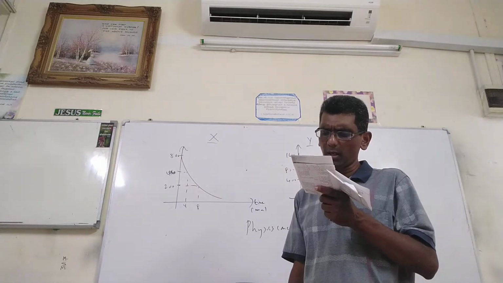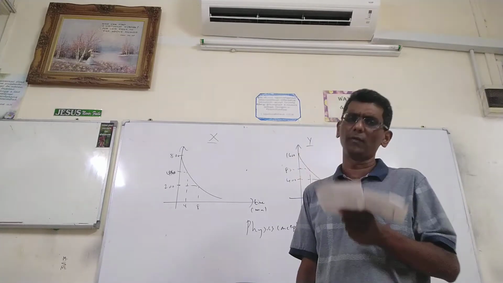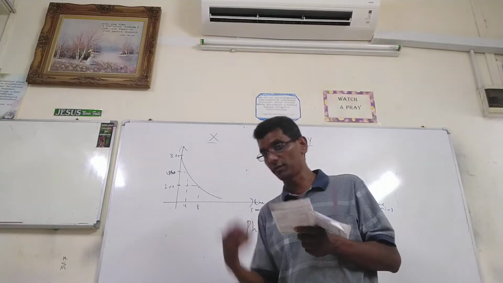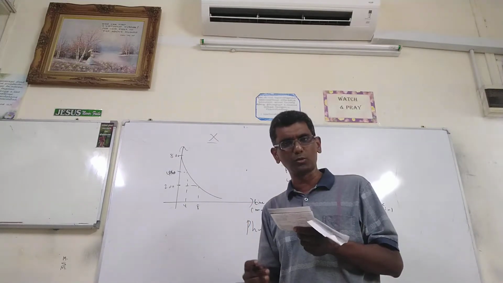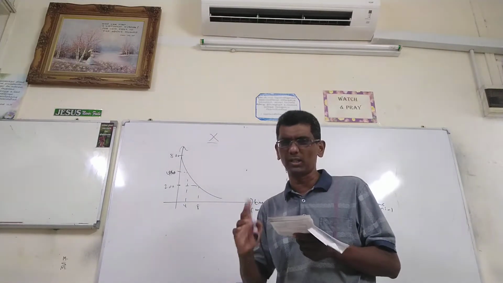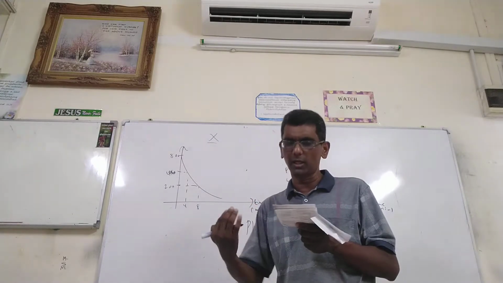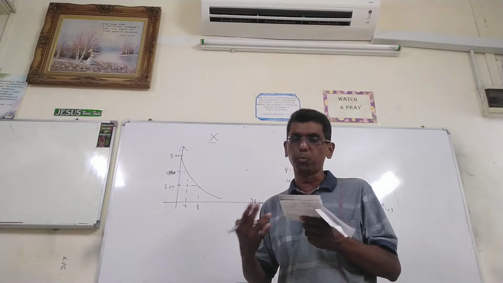This is called the half-life of a radioactive substance. This is the physics concept, worth 2 marks: the first 3 points and the last 2 points. The physics concept has 2 points, so there are 2 marks.